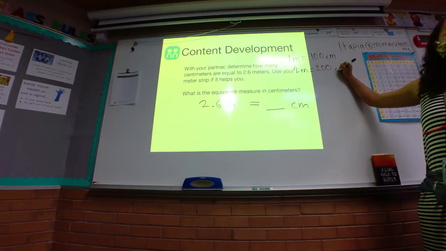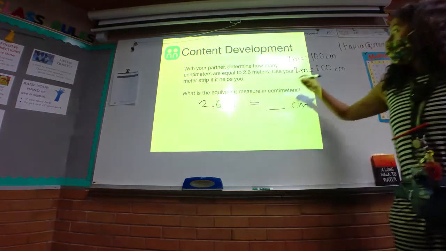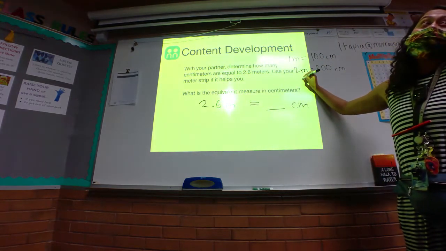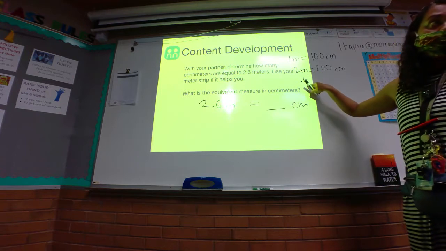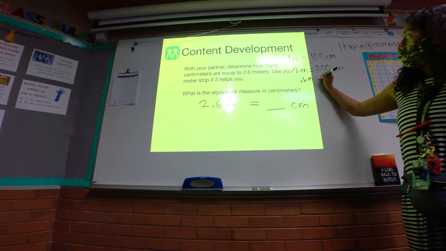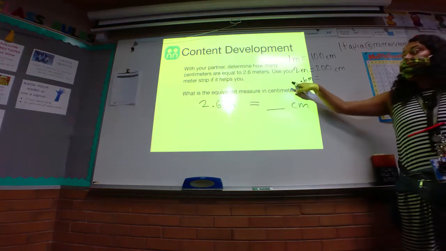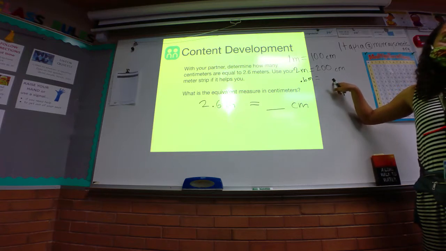Ok, luego te sobran 60 centímetros. Son 0.6 metros. Entonces, si es menos de 1, ¿vas a tener más de 100 o menos de 100 centímetros?